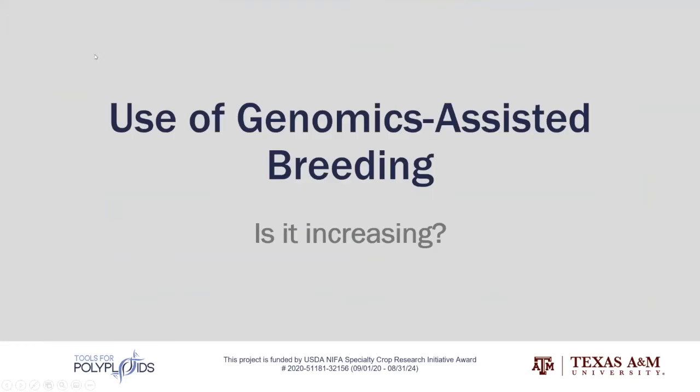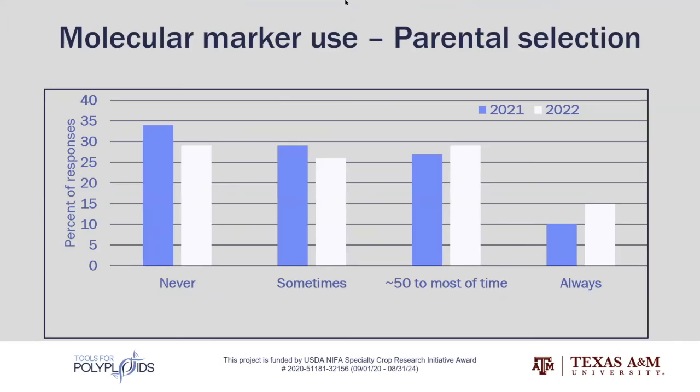But of course, the ultimate goal is to get people to use this in genomics assisted breeding. So the question is, are we being successful? Well, it looks like we are. This is for using molecular markers for parental selection. Pretty straightforward. You can see there's an increase in using it 50% of the time or always.